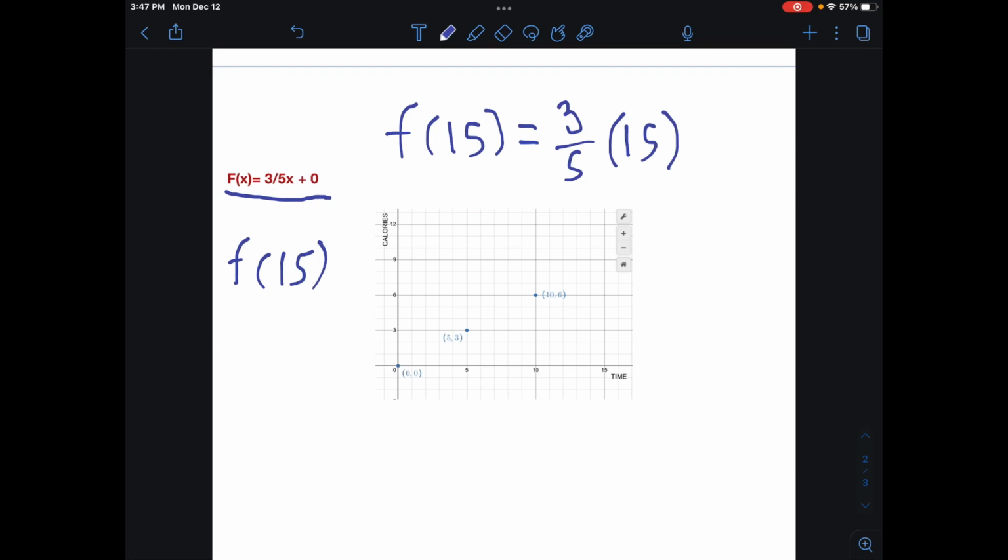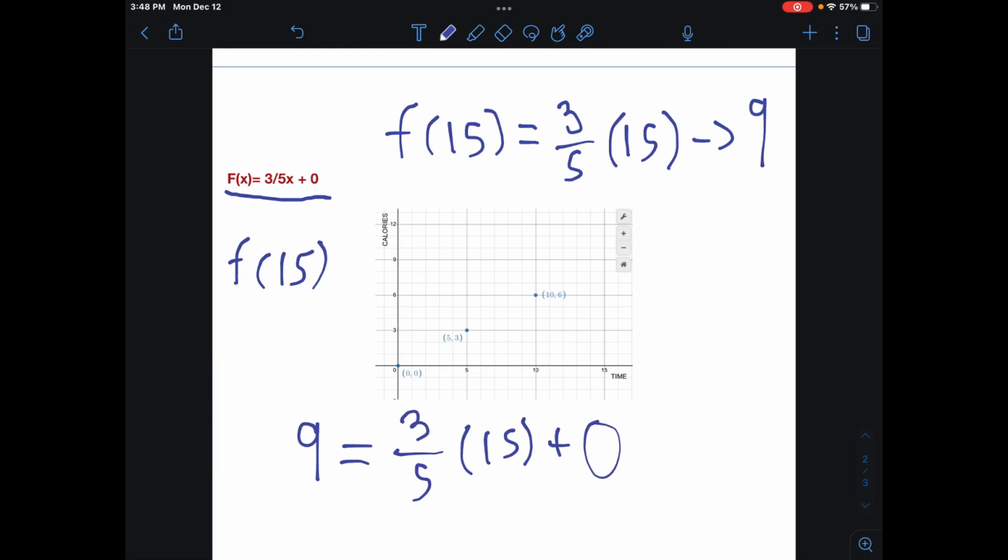So if you either crunch those numbers in your brain, if you are a math prodigy, you should get 9, right? So if you did it correct, you should get 9. So 9 would be our output. And so then our function would look like this: f of 15 equals 9. And then we can put the plus 0 if we want.